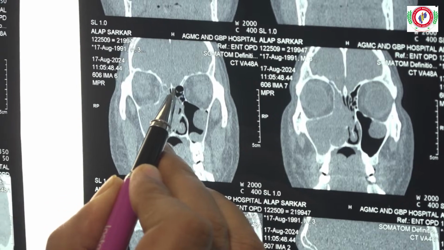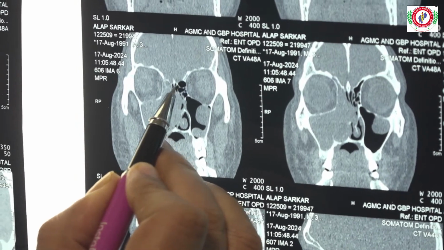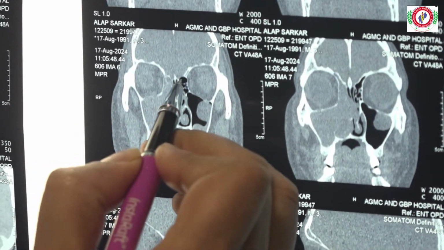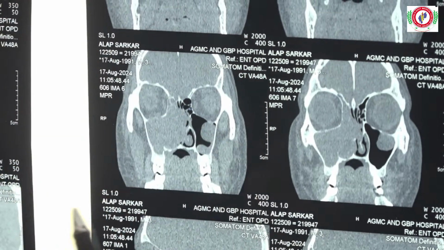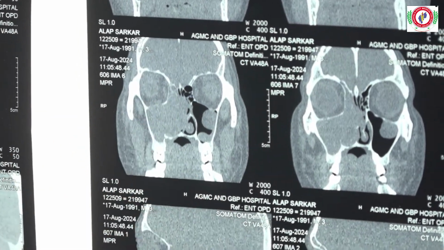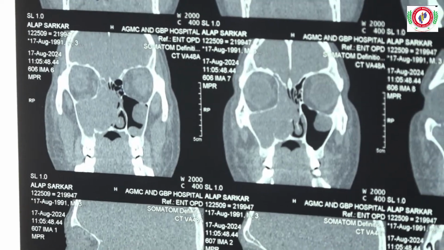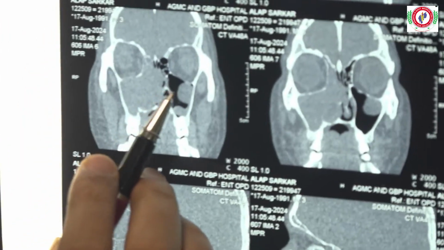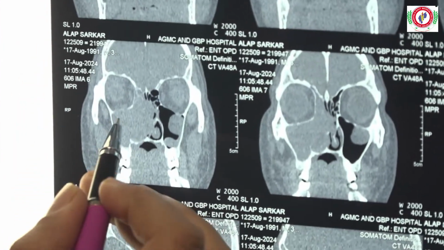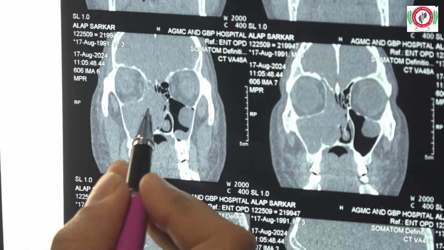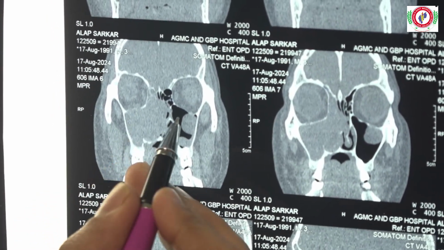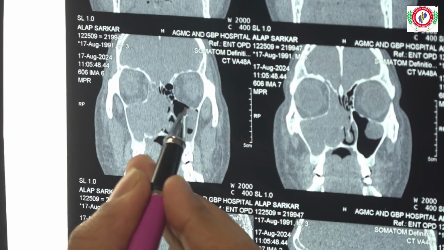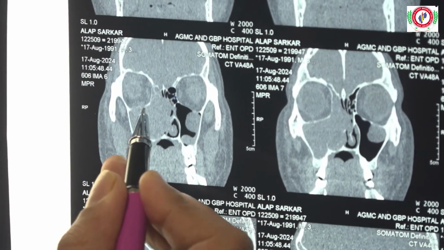When it is covered with mucosa, it is not easy to identify the anterior ethmoidal artery when it is completely in the skull base. But yes, this is the area. You see how thin the bone here is, right? It almost looks like there is no bone here. This is the thinnest part of the skull base where we can go intracranially and cause an injury.